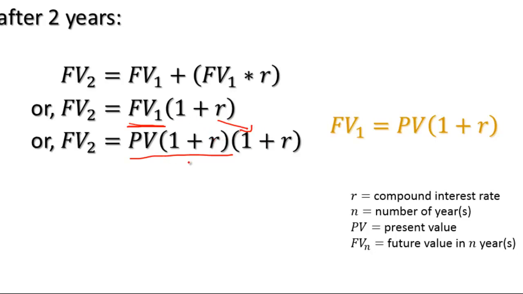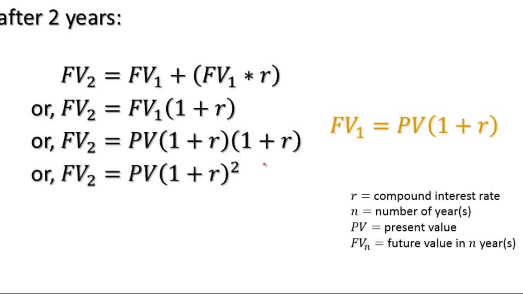So now you can see that we have two (1 + R). If you multiply two same things, then we can express it using the exponent, that means (1 + R) to the power 2. So FV2 will be equal to present value times (1 + R) squared, or to the power 2.